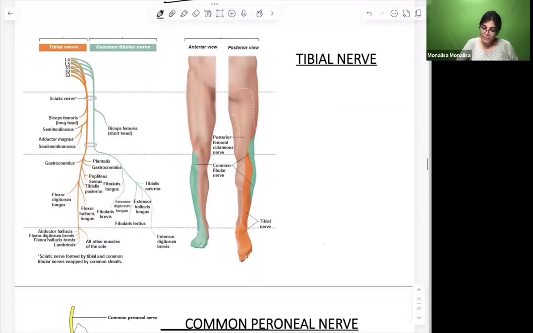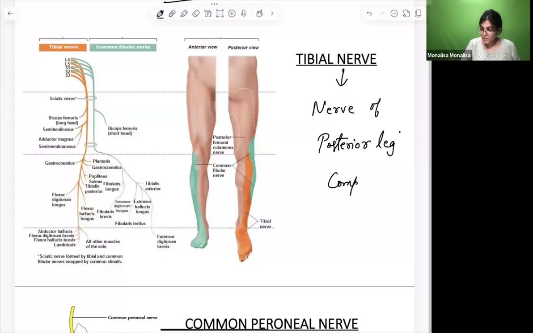Now, if I talk about the tibial nerve, it is the nerve of the posterior leg muscles, the posterior leg compartment. That means all the muscles of the posterior leg compartment are innervated by the tibial nerve. What will be the root value?